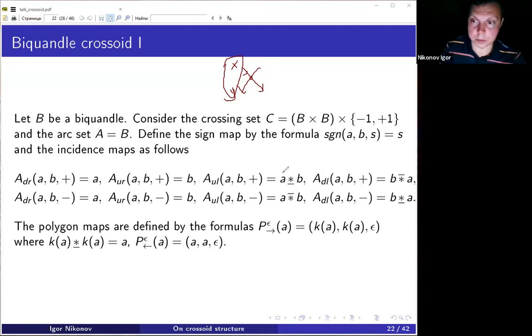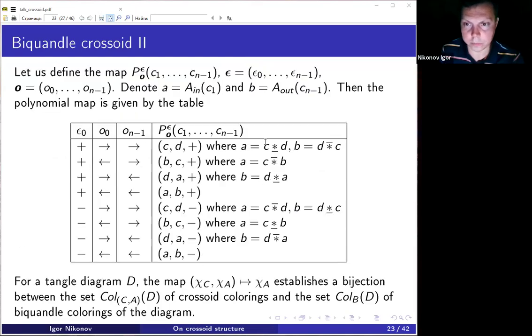So the incidence maps are just induced by application of the biquandle operations to the colors, and then we should define the polygon maps, and we can write down the following formula for the polygon map. It depends on the sign of the crossing and orientation of the incident edges, and in this case the results are expressed using the biquandle operations, and so we have this form for the polygon maps, and one can check that this is a crossoid.